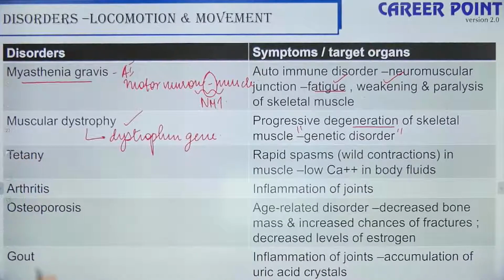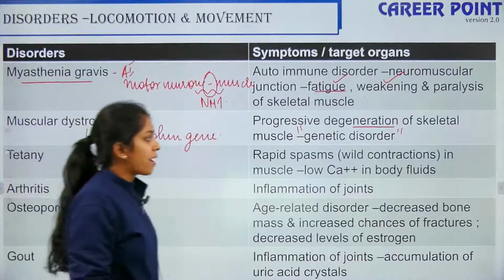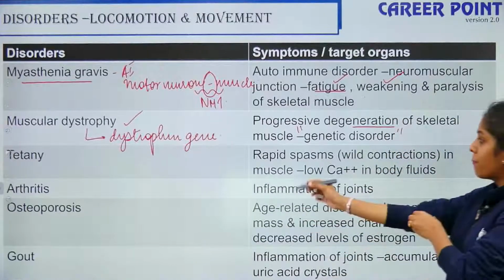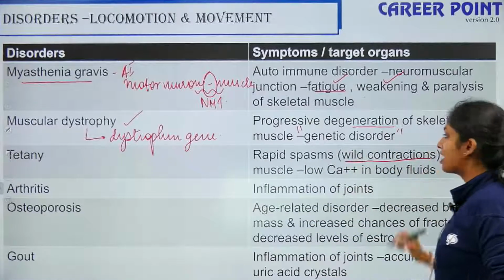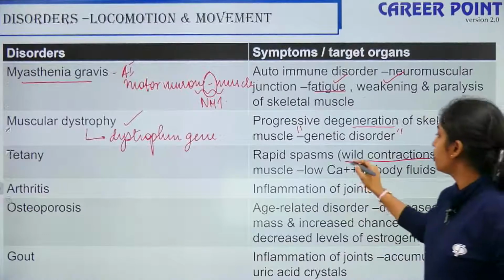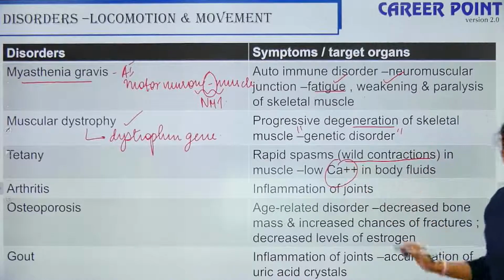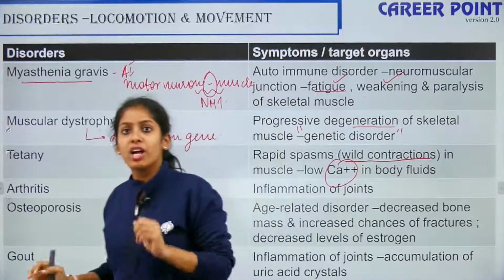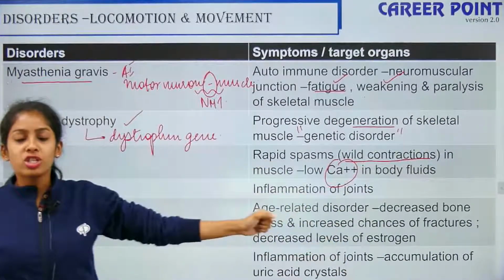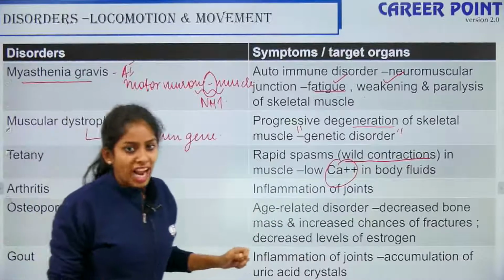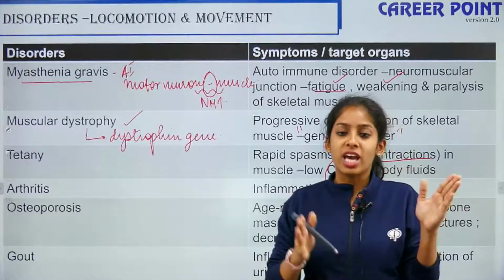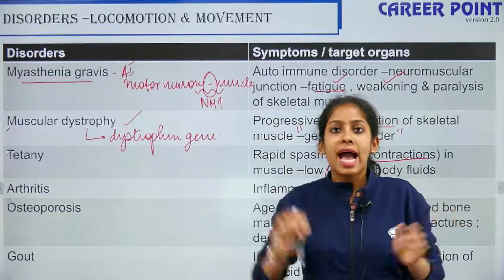So what is tetany? Tetany is rapid spasms that cause wild contractions in the muscle due to low calcium in the body fluids. Why do you have rapid contractions? During a normal contraction, your calcium should bind to troponin, right? But if I have less calcium, troponin is half binding to calcium, half binding to my actin filament.